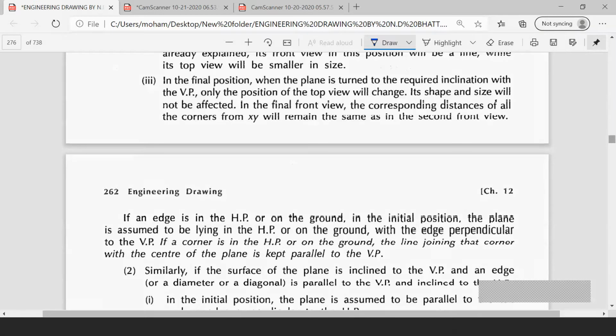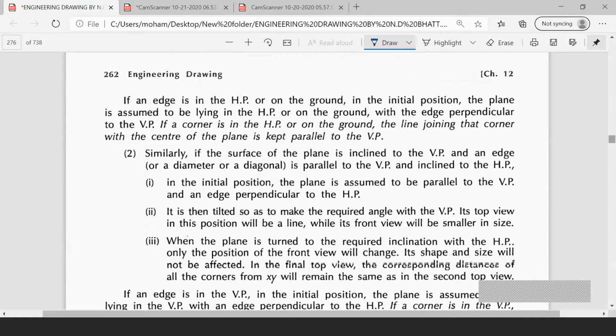He has given one problem to us. I'll explain that one, but before that, I will show you here. Okay, see here carefully. This is a square which is resting on the HP. Now the first inclination: the surface is inclined at 30 degrees to HP.